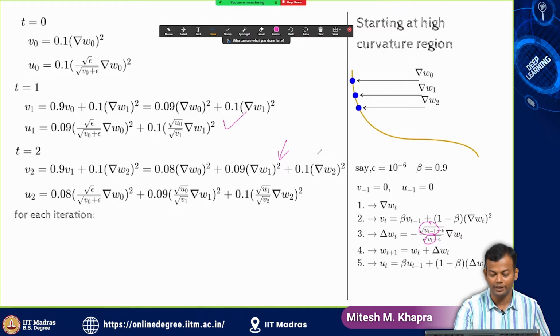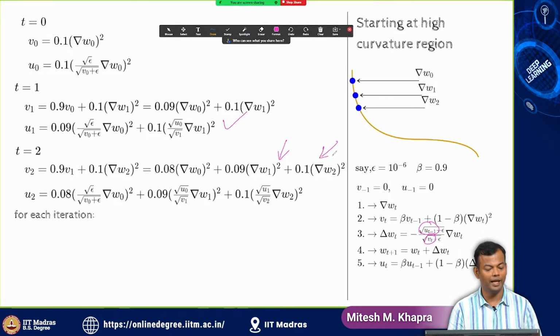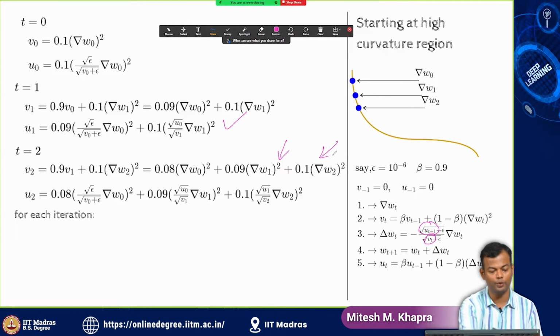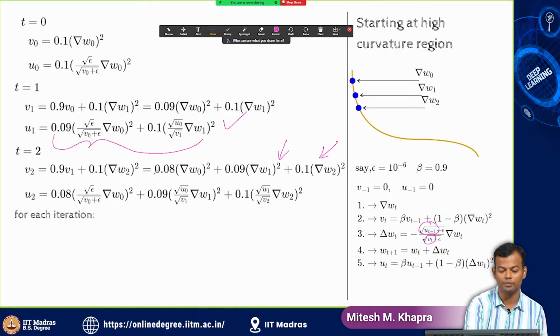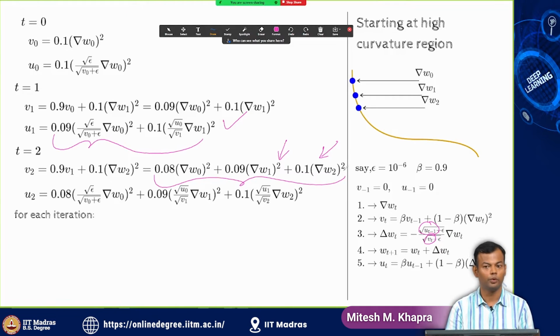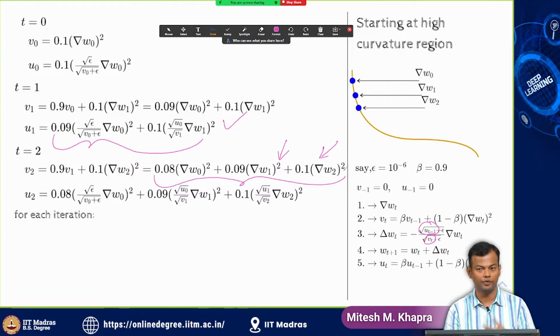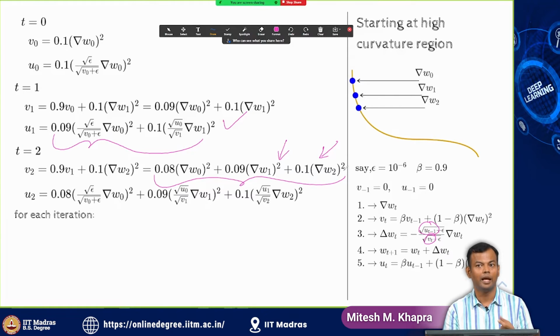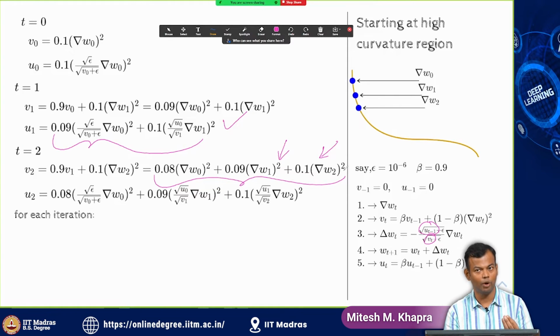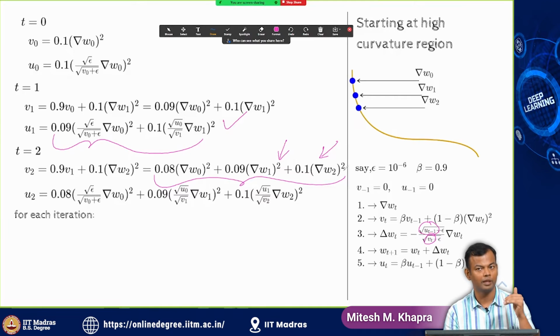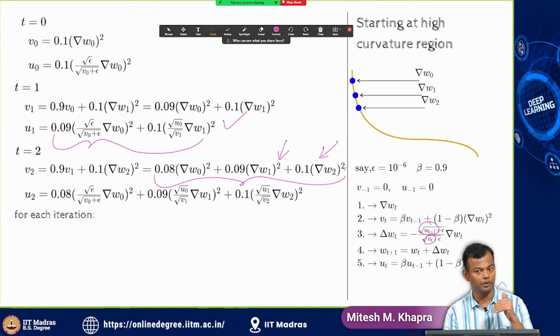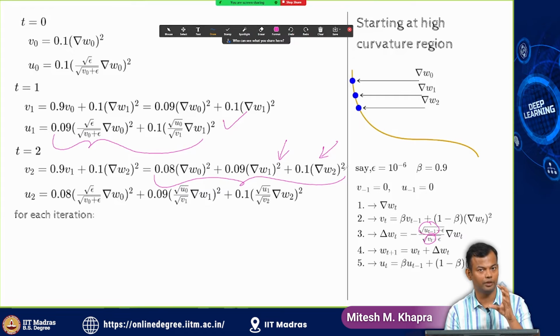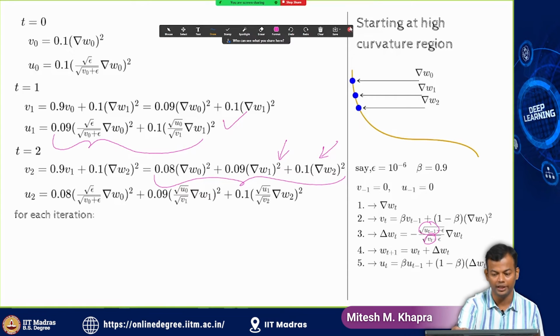So this is my U1 and this is my V2, and you can compare these two equations and you will know that U1 is actually smaller than V2, right? So if U1 is smaller than V2, then the numerator is smaller than the denominator, and hence the effective learning rate would be small, and hence my problem has been taken care of, right? In the steep region, I am having a smaller effective learning rate, right? That's exactly what I wanted.